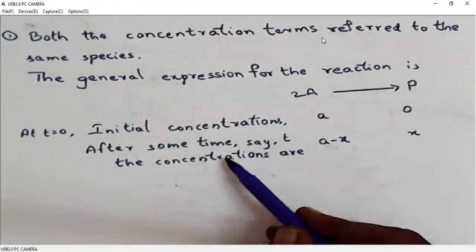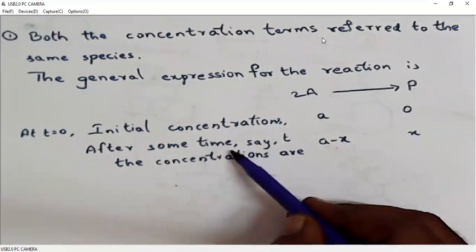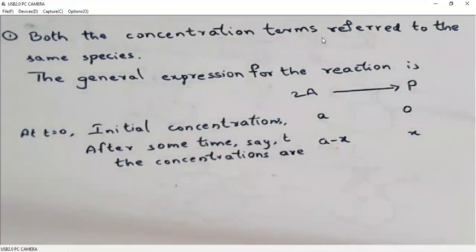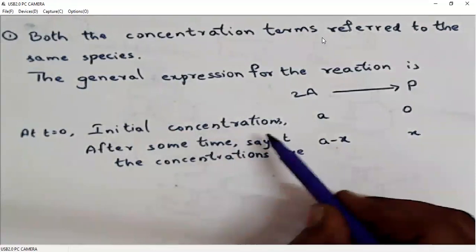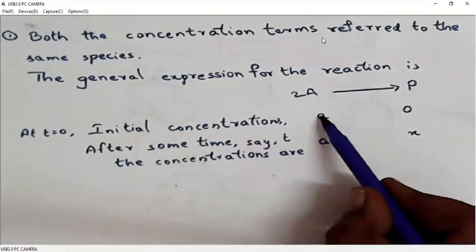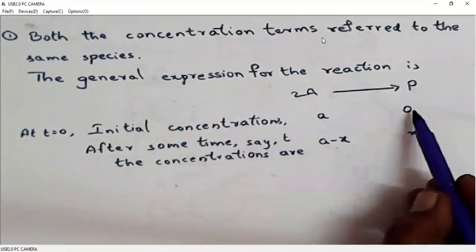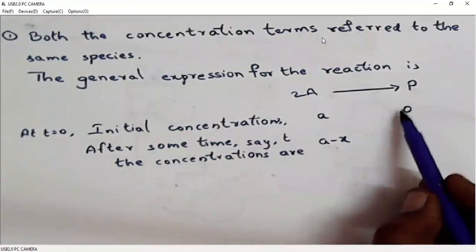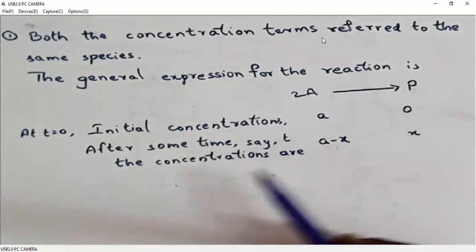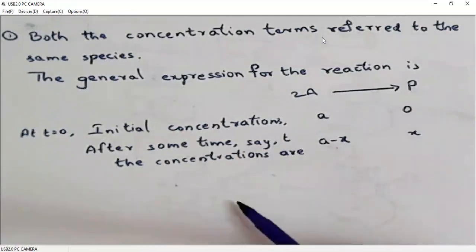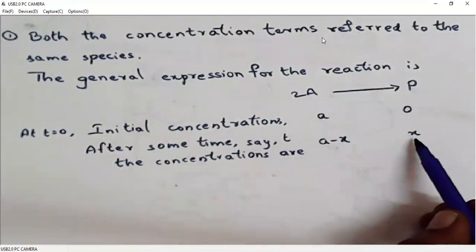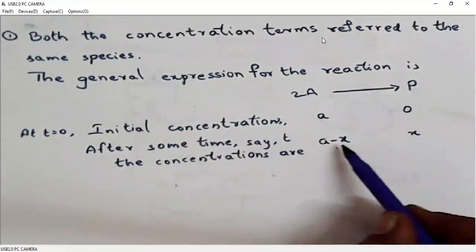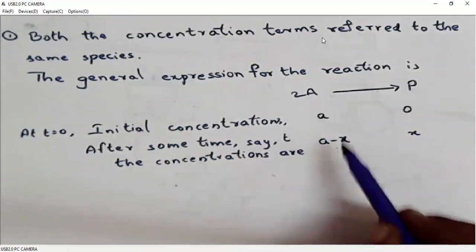It is similar to what we have discussed for the zero order and first order rate expressions. Initially we start with a amount of starting material, because the reaction has not started, the product is 0. After some time, when the reaction is occurring, say if x amount of product is formed, then the remaining amount of A is a minus x.